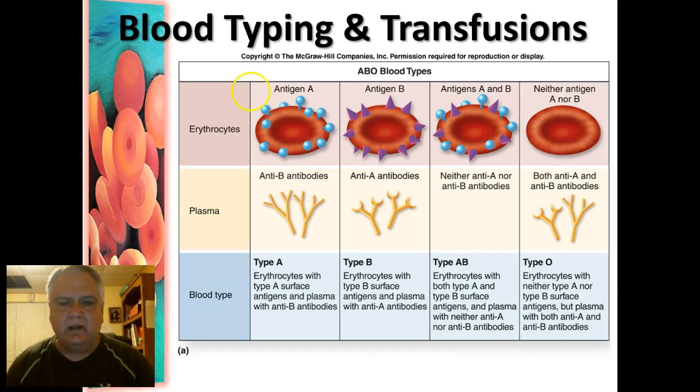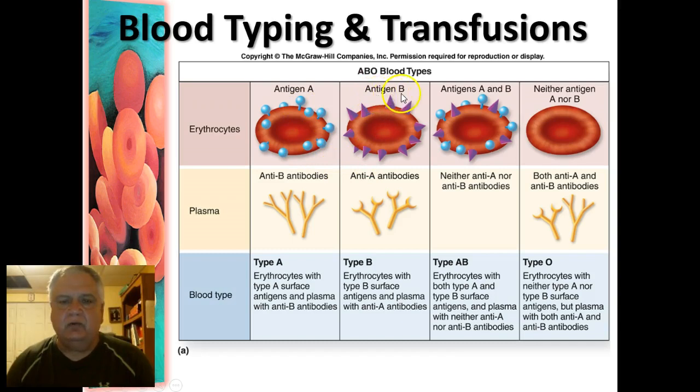They will not carry antibodies against A antigens. The reason for this is that if they had A antibodies in their plasma and they have type A blood, the A antibodies would attack the A antigens and cause their blood to clump, or we would say agglutinate. So they would not want antibodies with the same designation in their plasma as their antigens.